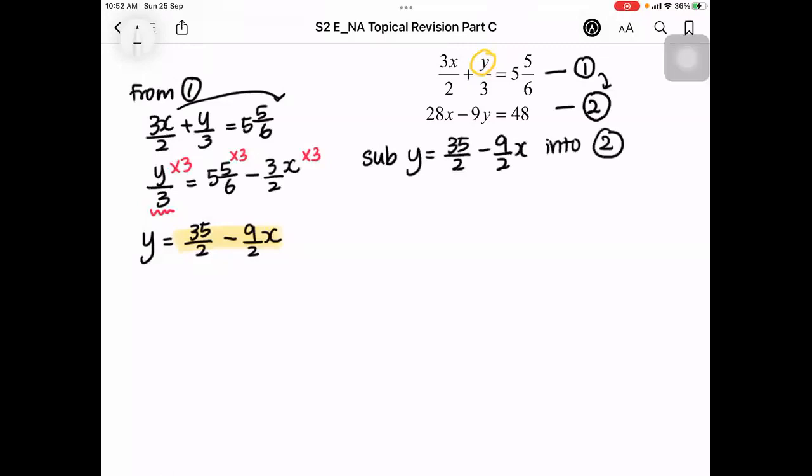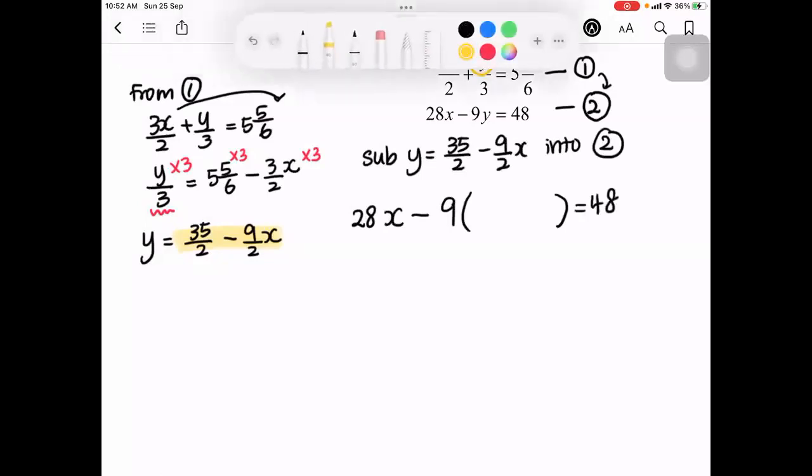Equation number 2 says 28x minus 9 times y equals to 48. What do we do with the y? We replace it by 35 over 2 minus 9 over 2x.